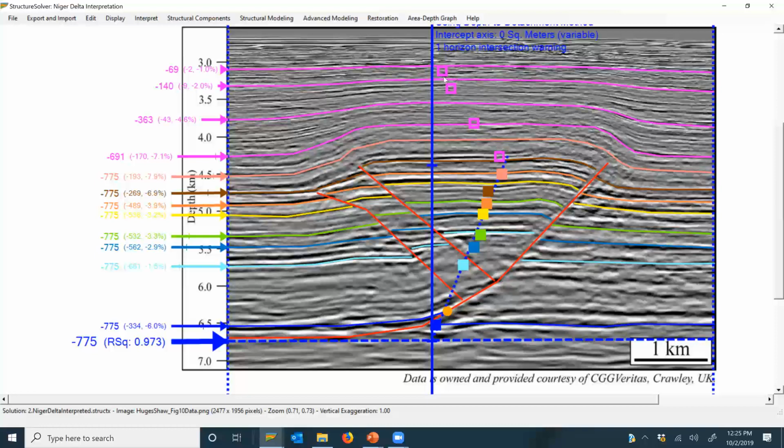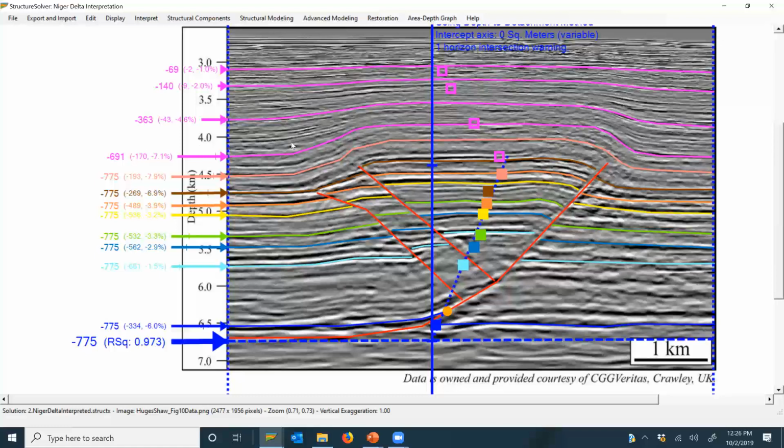So not only have we been able to quickly define where the transition from pre-growth to growth is located, but we're also getting the displacement history on the structure by first computing the intercept of the detachment, and then the displacement for each of these growth horizons is computed based on the slope of the line from each growth horizon to the detachment depth. That gives us the change in displacement over time.